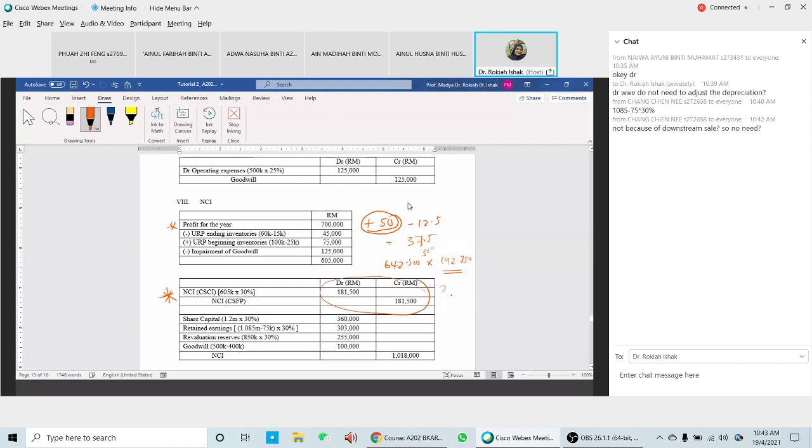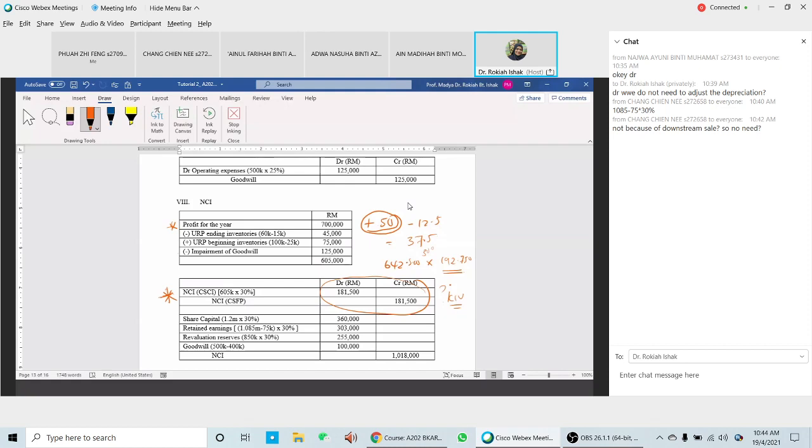Inside the slide, the downstream sale mentions that it won't affect the subsidiary or the NCI. Okay, I get what you mean, Chang. Thank you. Because that one is a downstream sale, I really forgot about that. The sale of plant by XT means it does not affect the profit of the subsidiary.